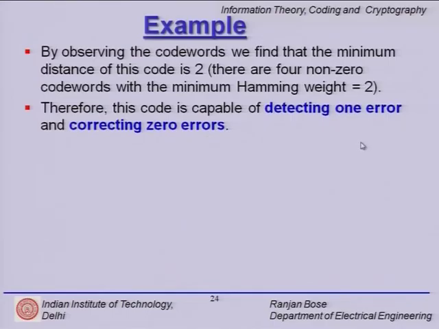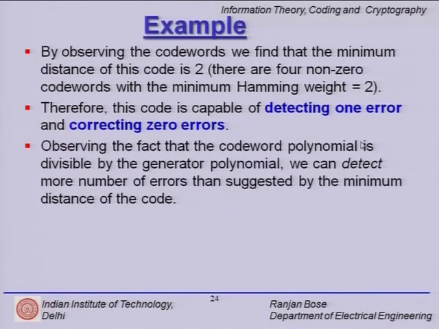So, is it useful? We make another observation. We observe that the code word polynomial, if it is valid, should be divisible by the generator polynomial. Therefore, possibly we can detect more errors than suggested by our minimum distance calculation.